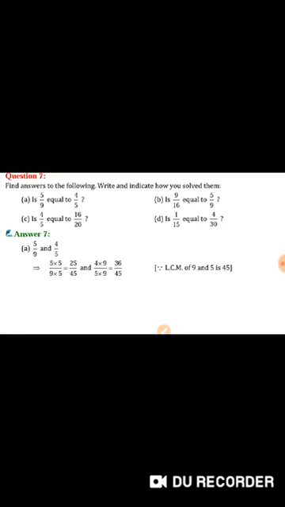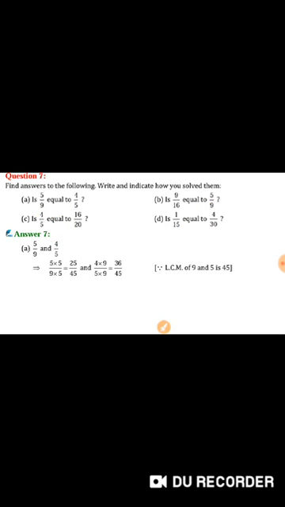If it is not possible to bring them to the simplest form, we have to make the denominators the same, by taking the LCM of the denominators. That LCM we have to take as the denominator.